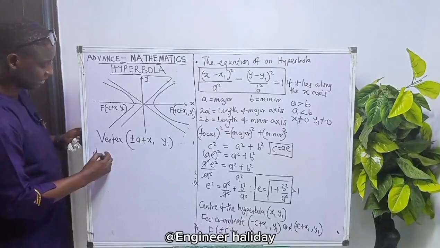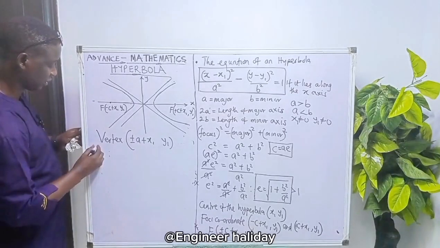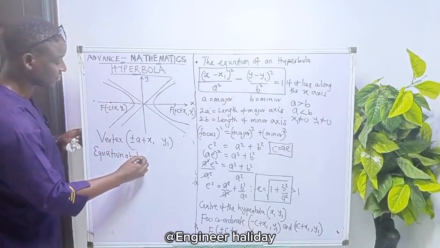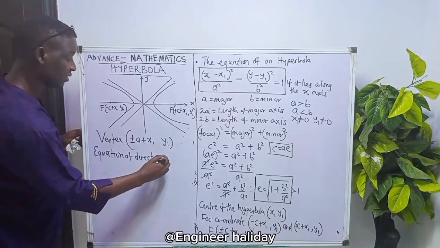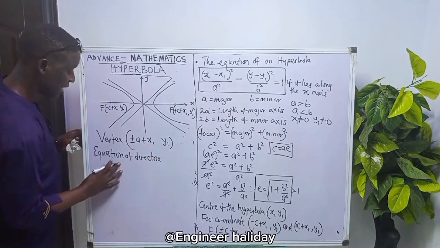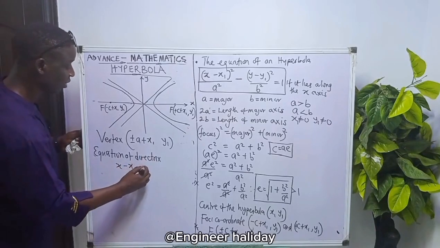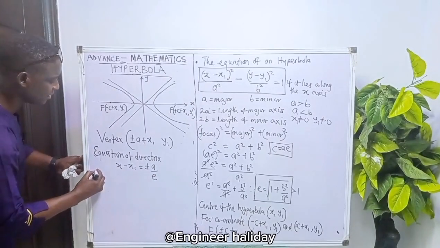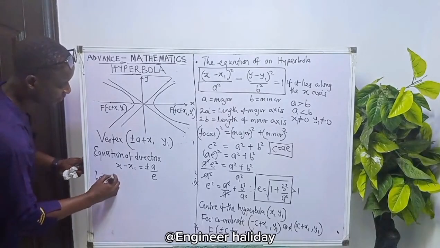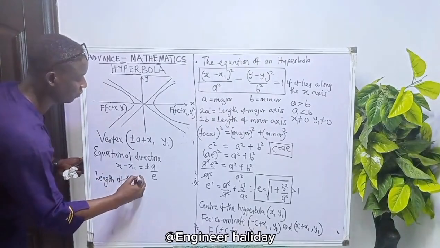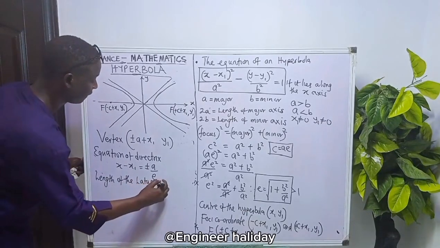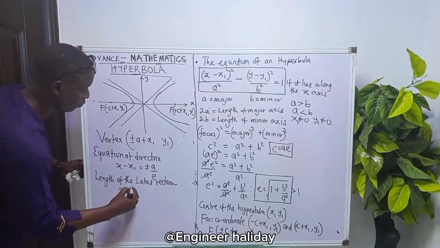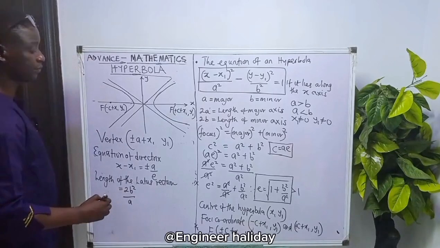The equation of the directrices is still the same thing: x minus x1 equals plus or minus a over e. Then the length of the latus rectum is equal to 2b squared over a.